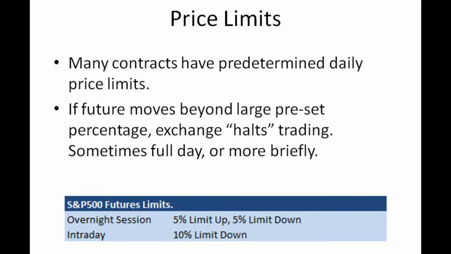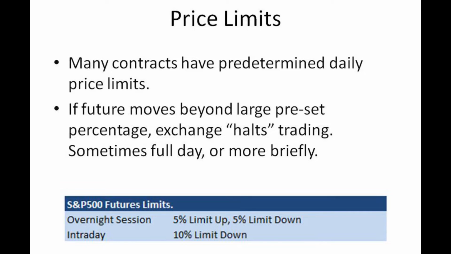And that can occur day after day. That makes it very difficult for someone to get out of their position if they want to, because there's essentially no price at which you can sell. The market has essentially seized up. So a lot of people don't like limits for that reason, but equally other people feel that they add a lot of value in markets and maybe prevent crazy moves from occurring.